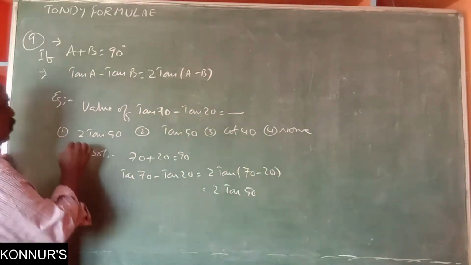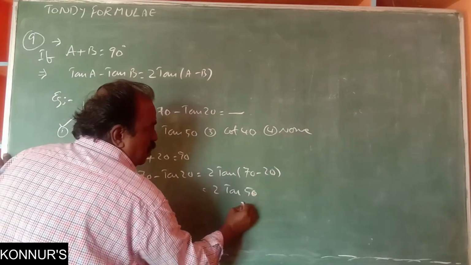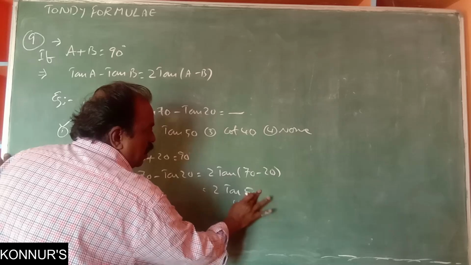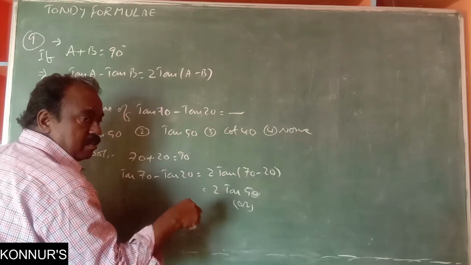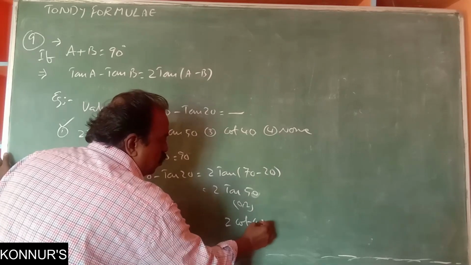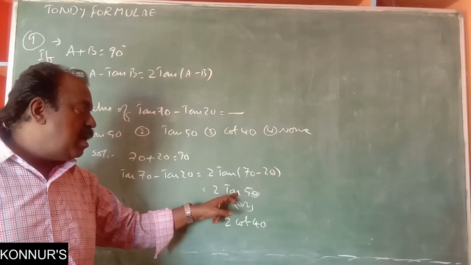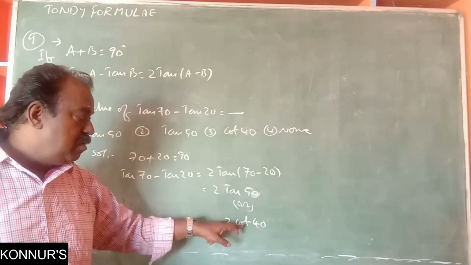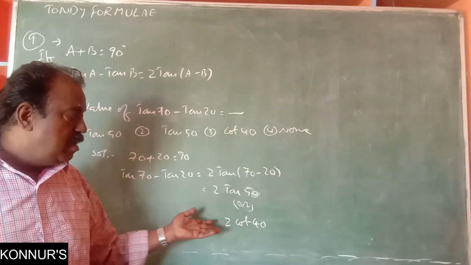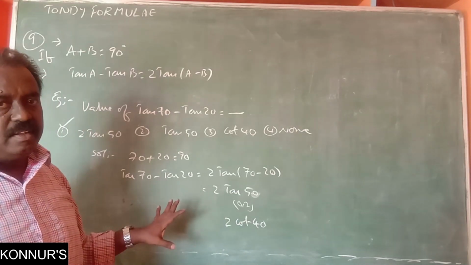So this is the answer. Sometimes at the last moment the solution will be changed. It is 2 cot 40 also. Why? Because tan 50 is nothing but tan of (90 minus 40), and tan (90 minus 40) is cot 40. Is it clear?